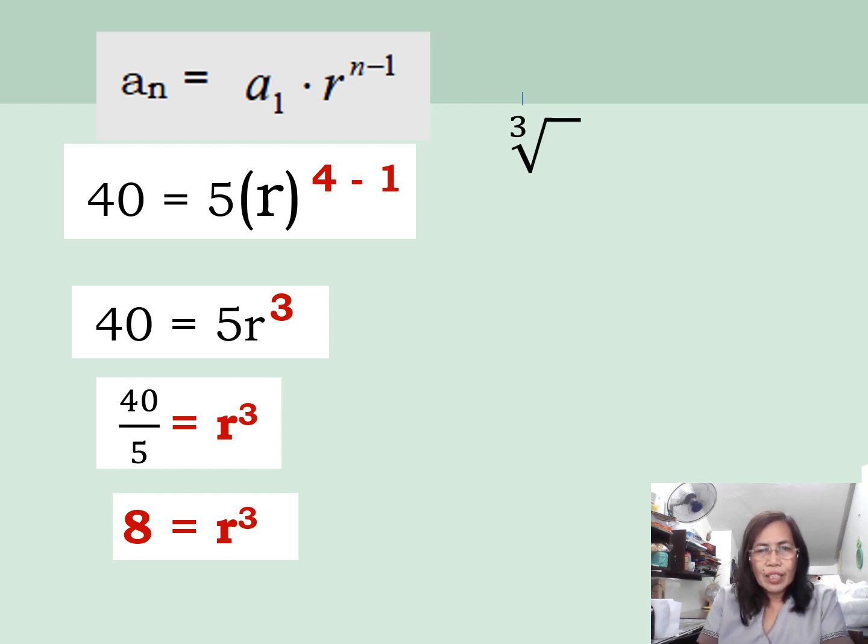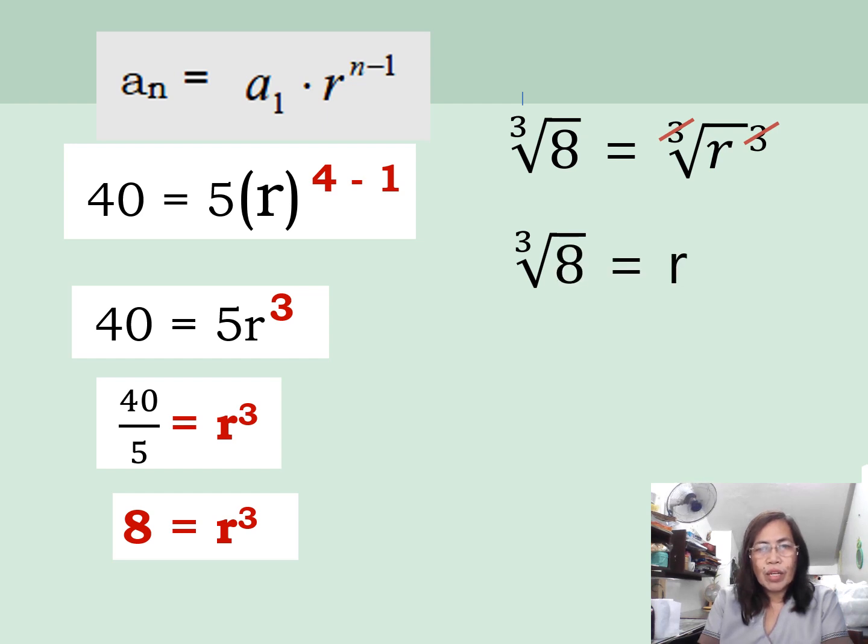It will look like this. So it becomes cube root of 8. And so, cube root of 8 is equal to cube root of r cubed. So we can now cancel 3. And so, we have just cube root of 8 is equal to r. So the radical symbol on the right side of the equation is now eliminated.